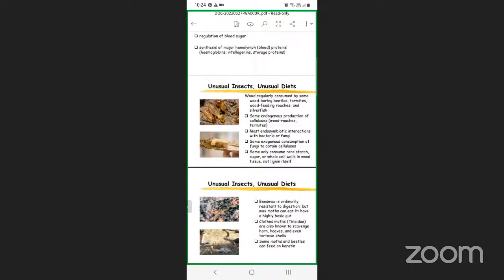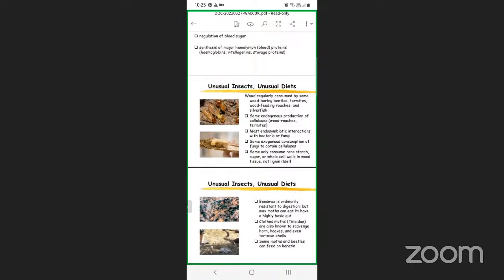Coming to the carbohydrates, mainly monosaccharides diffuse down concentration gradients between the midgut lumen and hemolymph. This diffusion of simple sugars like glucose and fructose is enhanced by the rapid conversion of these sugars into trehalose in the fat body.